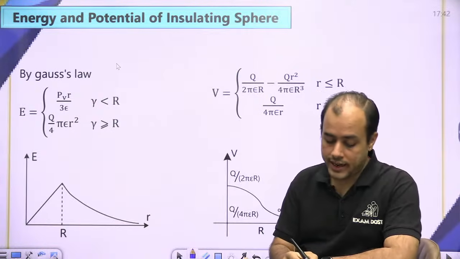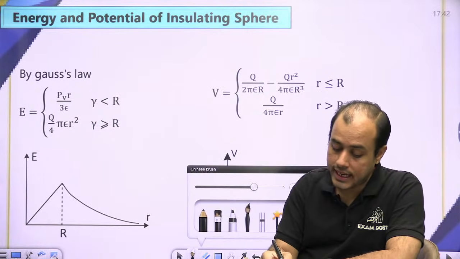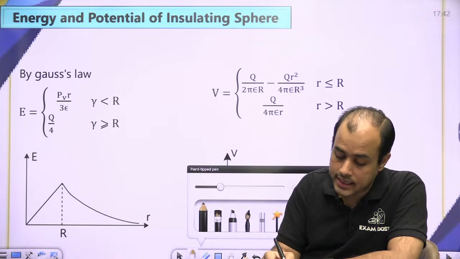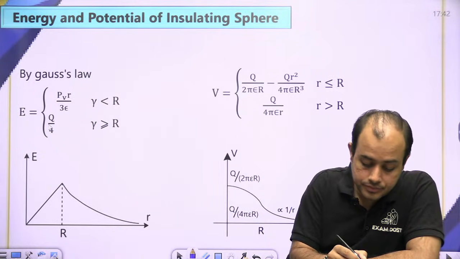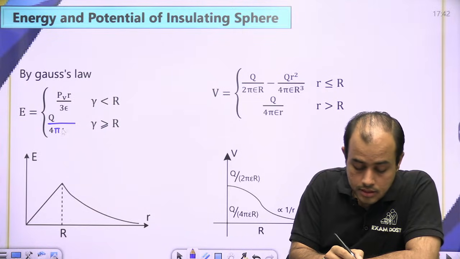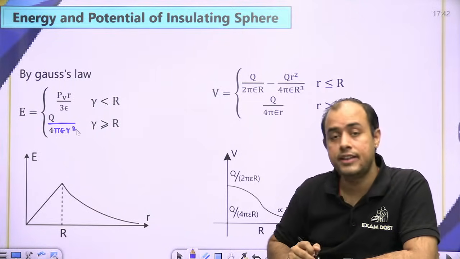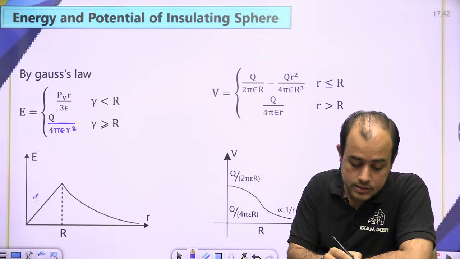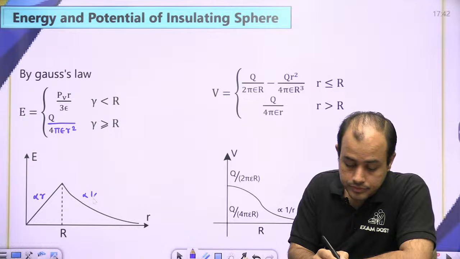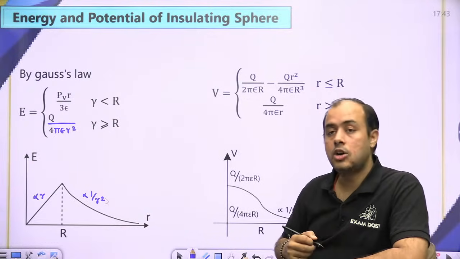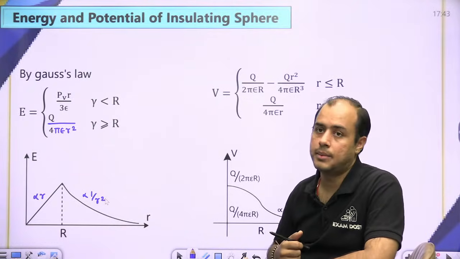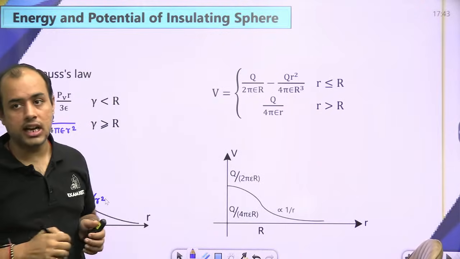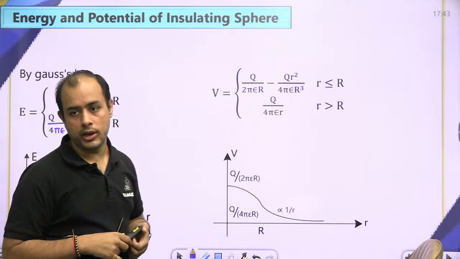In case of an insulating sphere, the electric field inside the sphere varies linearly with the distance. Distance के साथ linearly vary करती है. Outside it varies as 1 by r square. Now the potential inside is given by this, and the potential outside is same as that of a point charge.